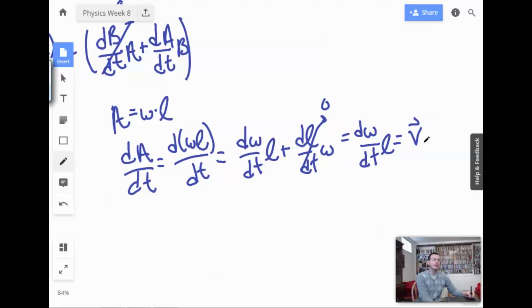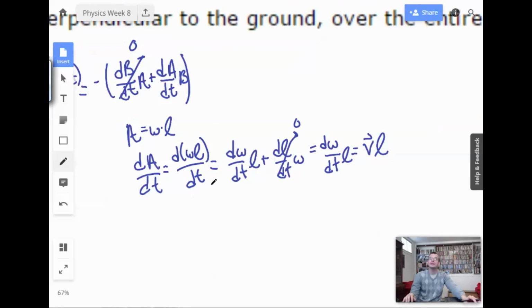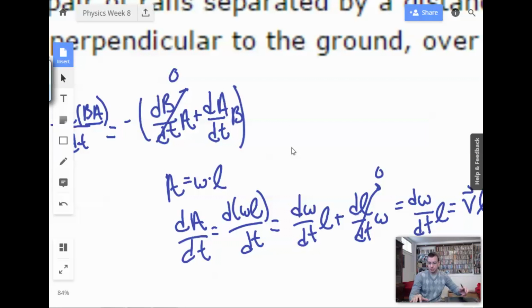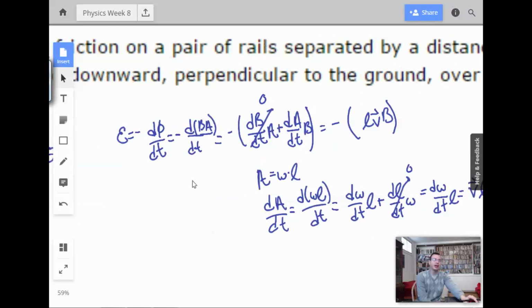I'm going to put a little vector sign up there, just so that I don't get confused with voltage. So this is going to equal negative, I'm going to do this LVB, because we have the acronym then, everybody loves velvet bunnies.